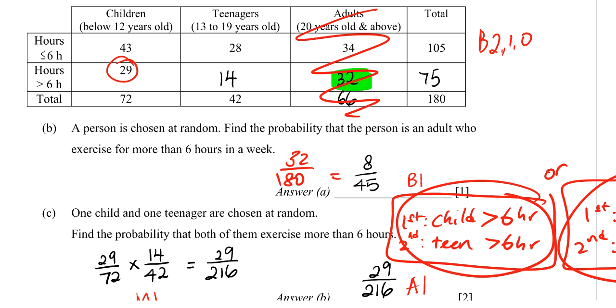Out of 72. So 29 out of 72. That is the probability of getting a child that is exercising more than 6 hours. Then what is the probability of a teenager that is chosen who is exercising more than 6 hours? 14 over 42. So over here, this is one case.